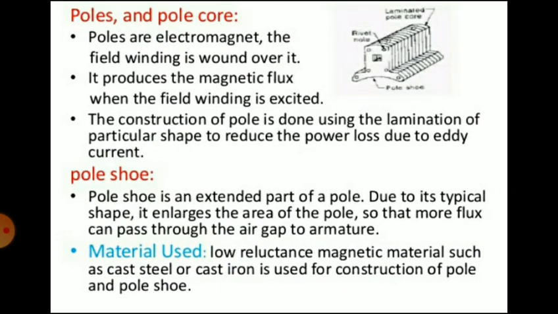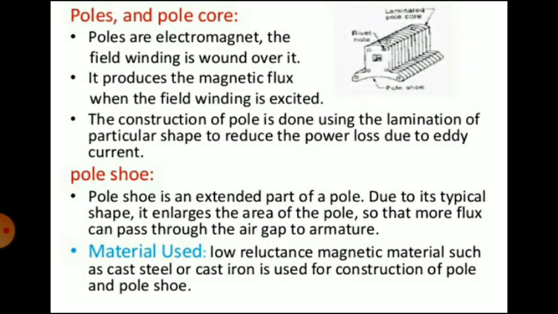The pole produces a magnetic flux when the field winding is excited. The construction of the pole is done using lamination of a particular shape to reduce the power loss due to eddy current.